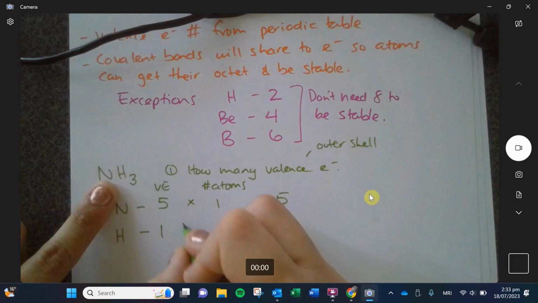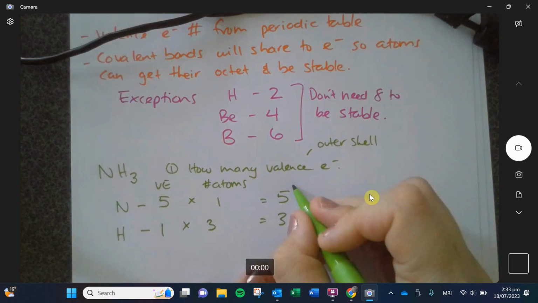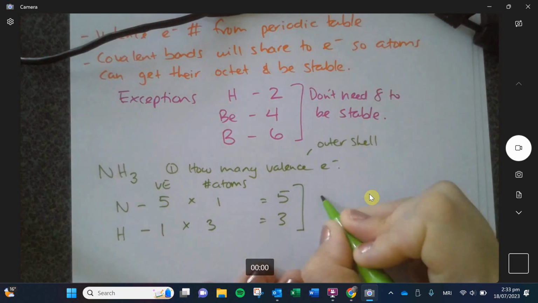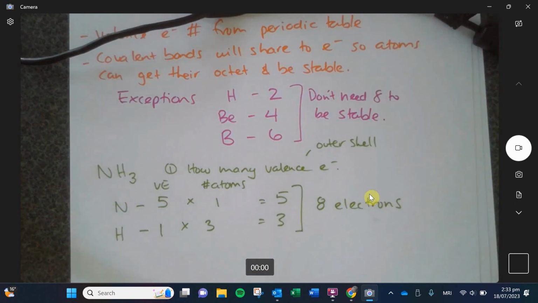There are 3 hydrogens, so I have a total of 3 in that case. And when I add these two numbers together, I have a total of 8 electrons. Are we good so far?